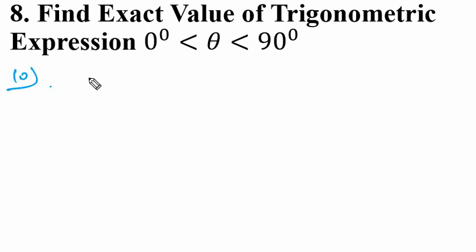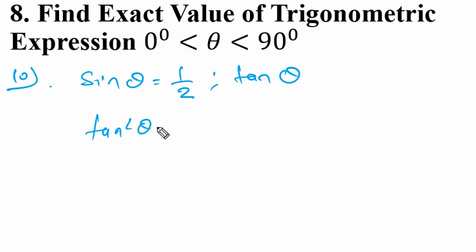Question number 10, which is sine theta is equal 1 over 2. Find tan theta. Okay. So what is the relation between sine and tan? Do we know any relation between sine and tan? Using the trigonometric identities, we know that tan square theta plus 1 is equal secant square theta.